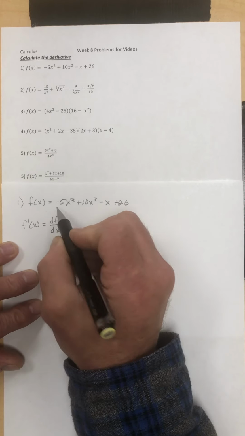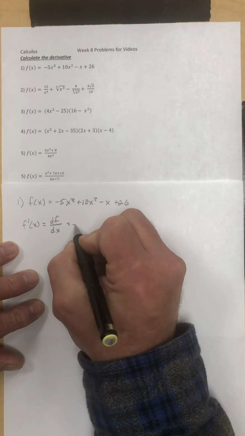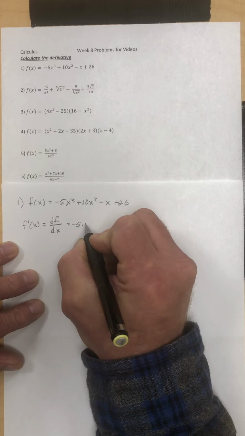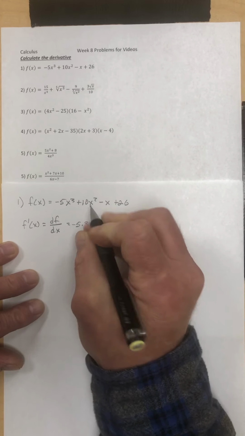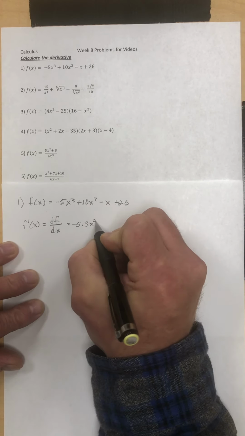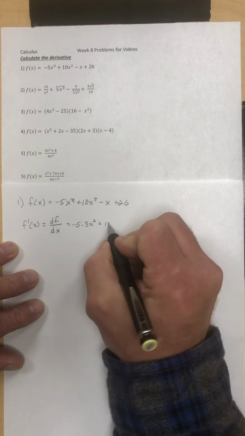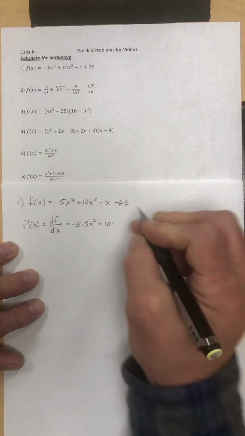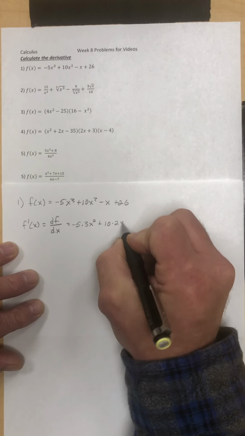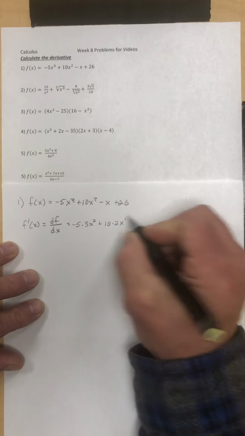The 3 goes out front, so I'm going to have negative 5 times 3x, and then subtract 1 from the 3, squared, plus I've got that 10 out front. I move the 2 out front, so 2x, and then 2 minus 1 is 1.